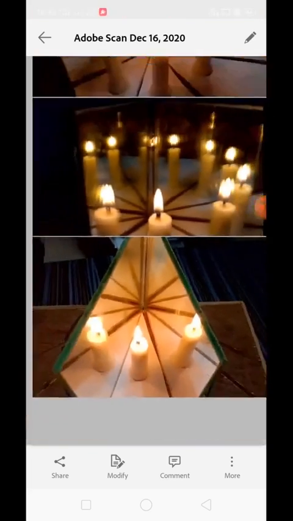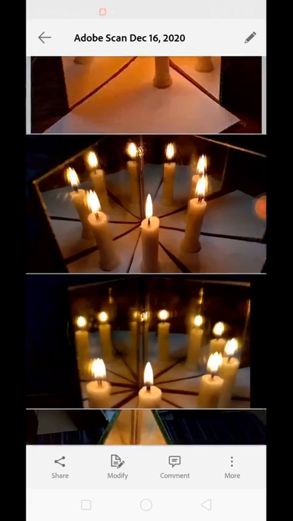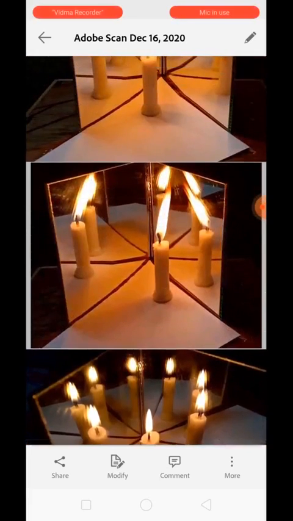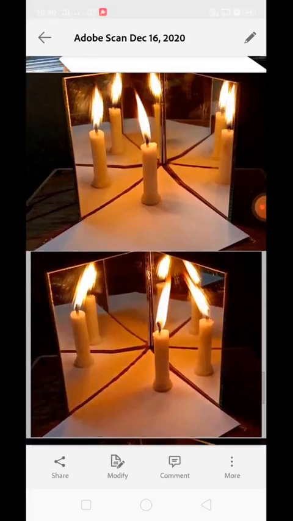It means that whenever we place the mirrors at different angles, the number of images formed changes. So what are the factors on which the number of images depends? This is the formula to obtain the number of images formed by two mirrors when they are kept at different angles.